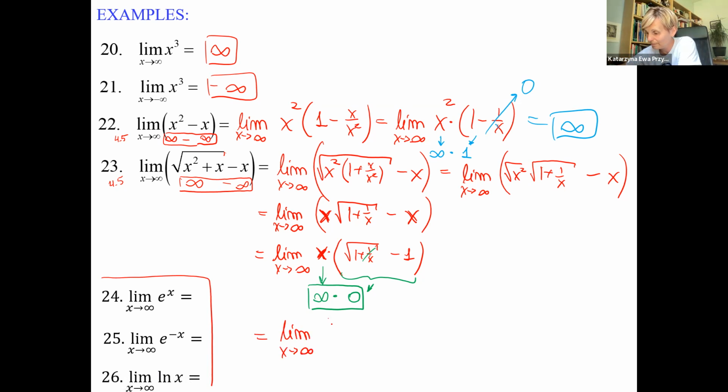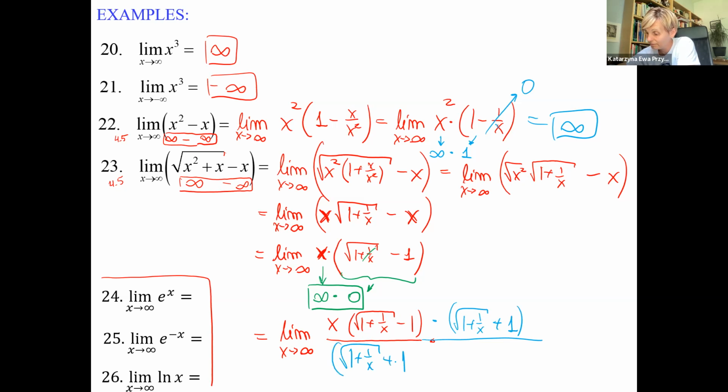That means I will do x times the square root of 1 plus 1 over x minus 1, and as I said, I will multiply and divide by the conjugate, the square root of 1 plus 1 over x plus 1, because that was minus 1. And of course, I have to divide. When I multiply and divide, I could cancel out that expression, but I will not. I will multiply the conjugate.